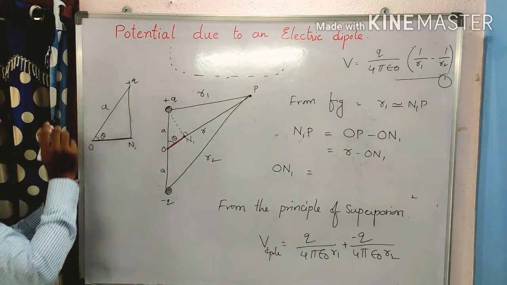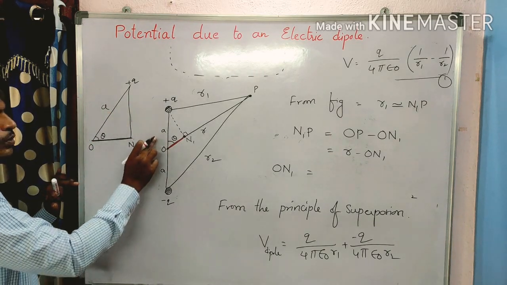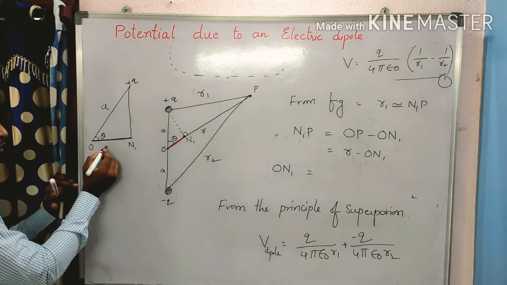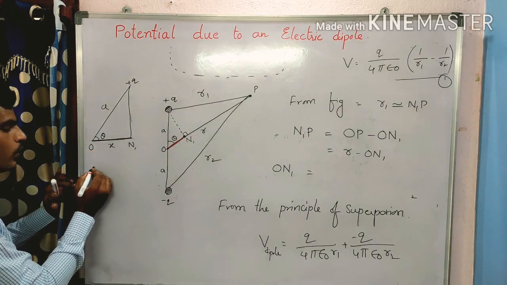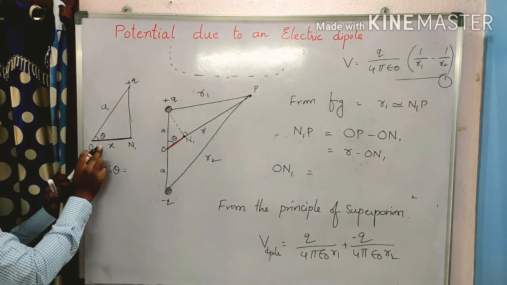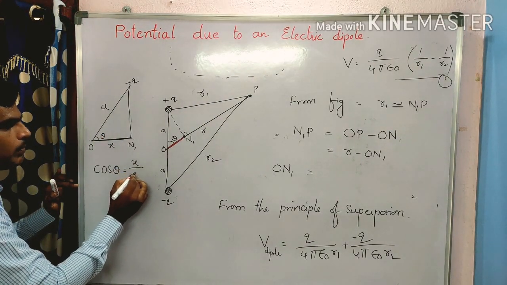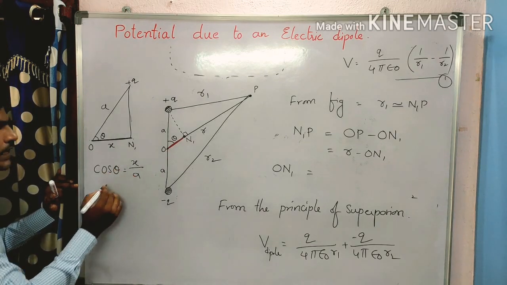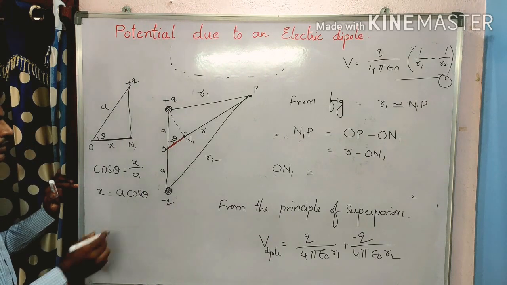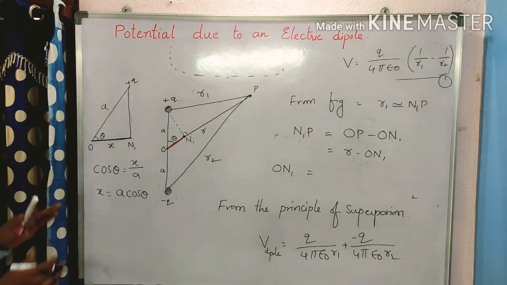A is given; the O to Q hypotenuse value is given as A. So I can write cos theta as the ratio of the adjacent side by the hypotenuse, x by a, then x can be written as a cos theta, right? Have you got it now?